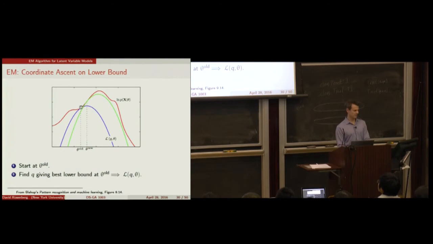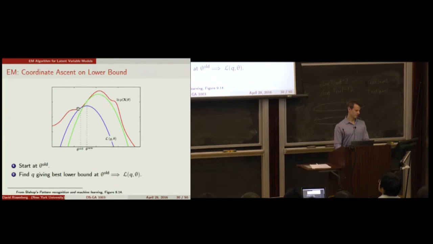You can't have a lower bound that's better at this one point than touching the graph. You might find another lower bound that is tangent to the graph and is better in other places, but that's not the case here. So we find our lower bound at theta old.